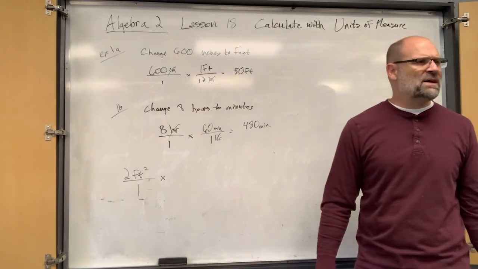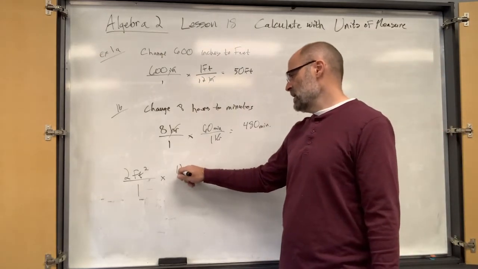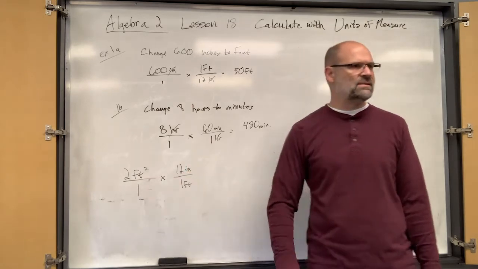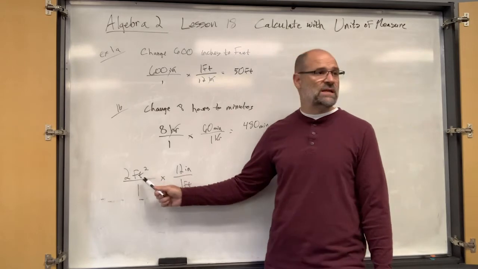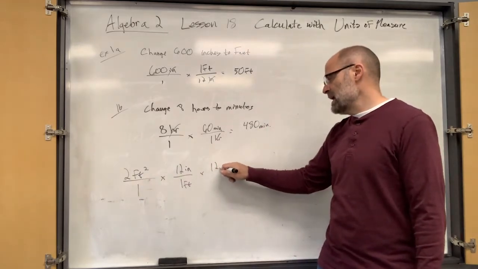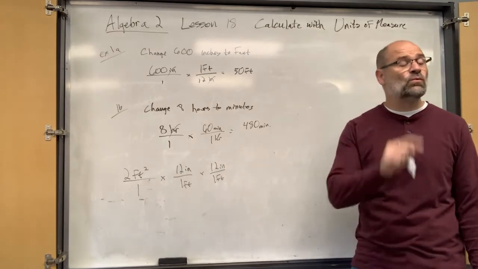Now, what's my unit multiplier going from feet to inches? 12 inches in 1 foot, but see how this only takes care of one of those feet. This is square feet, so just copy the same thing. We need another one. Another way to think about it is how many square inches are in 1 square foot?